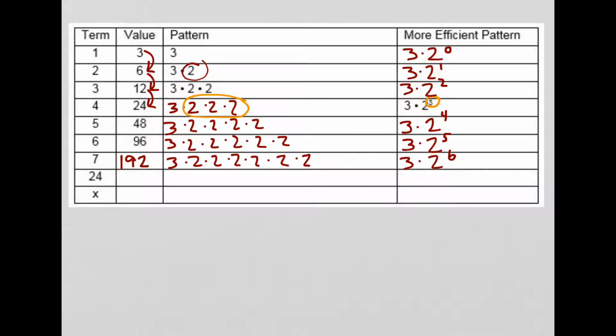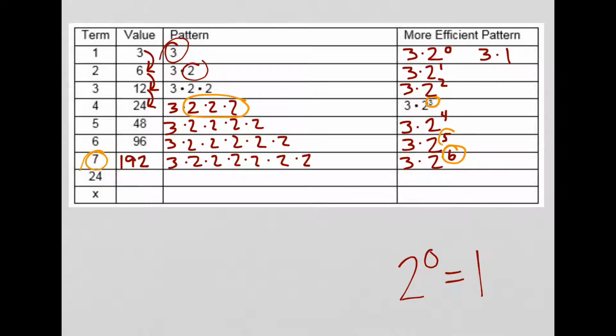So what's here then? 3 times 2 to the 0 power. What? I hope you remember from way back in 8th grade that anything to the 0 power equals 1. And so what does 3 times 1 equal? 3. Oh, sure, that's what our first term was. It works. Okay, so then what relationship is there between this exponent and the term that we are looking for?